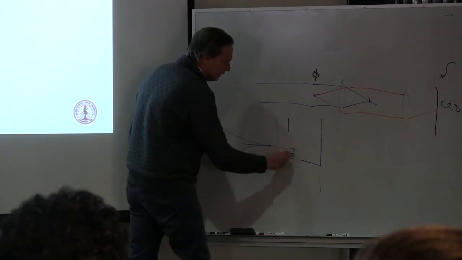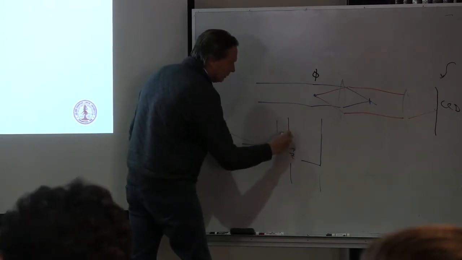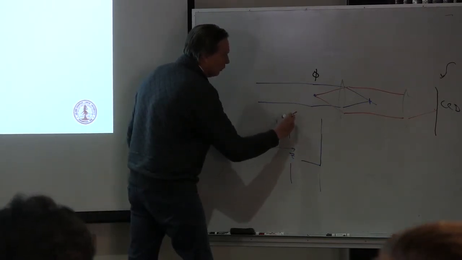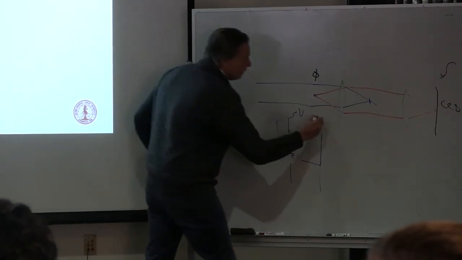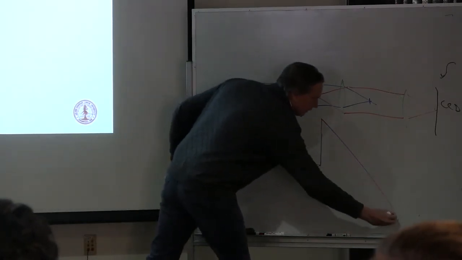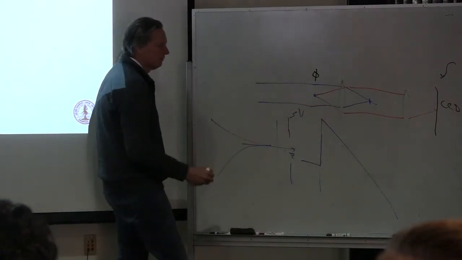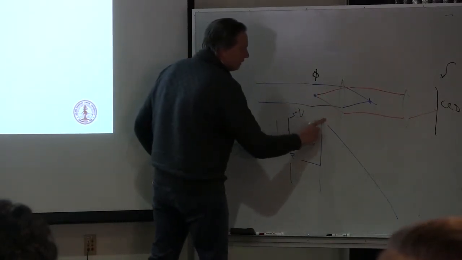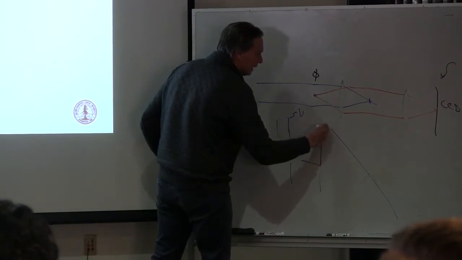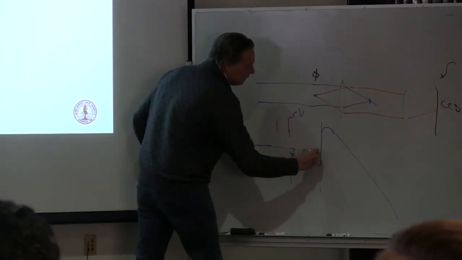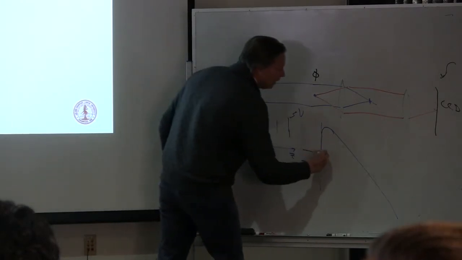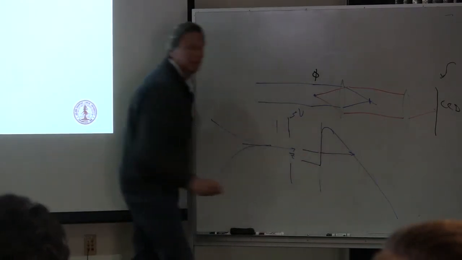So I have some electrode here where I put a voltage on that produces a sloped potential that looks like this outside of the metal. And then because of the Schottky effect, this actually turns out to bend. And the electron is sitting here at the Fermi energy. And what it does is it tunnels through this sharp metal tip.